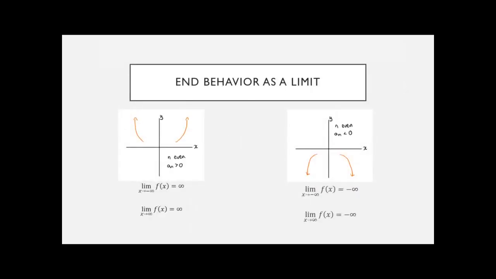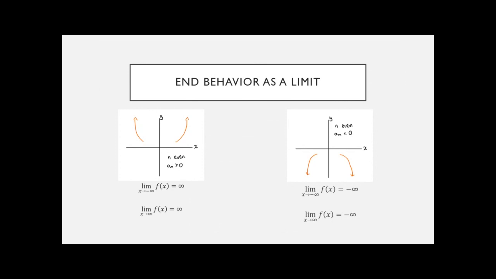So if you think of finding the limit, the end behavior is what happens when my graph goes on forever towards infinity or negative infinity. You are finding limits. So you're looking at the limit as x goes to positive infinity or x goes to negative infinity, and that is saying what happens to y.